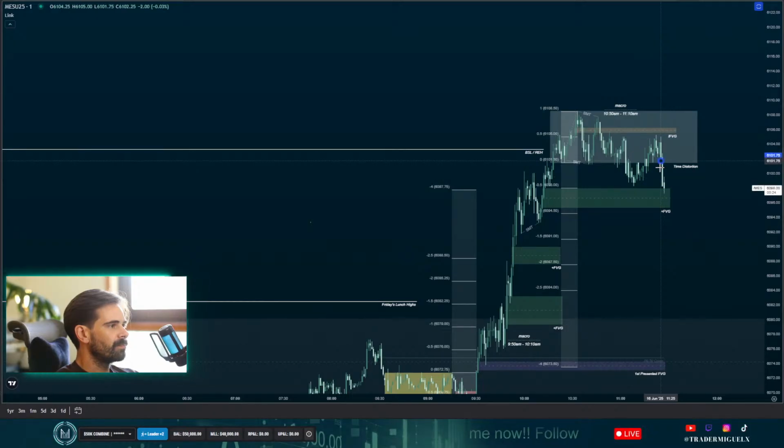So bearish fair value gap here. Yeah, it's kind of a tricky spot, honestly, because price is doing some harsh retracements to the upside as well.